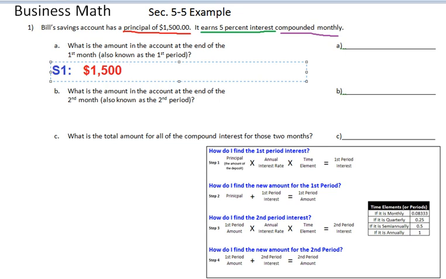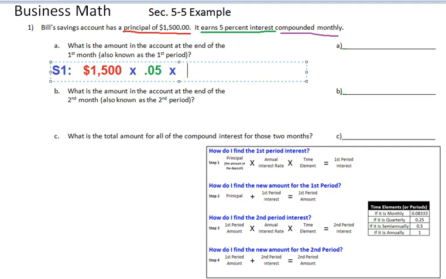We multiply that by the annual interest rate, the green number. It is 5%, but we move the decimal over twice and turn it into 0.05. Then we multiply it by the time element.